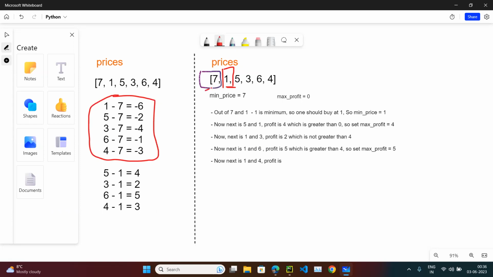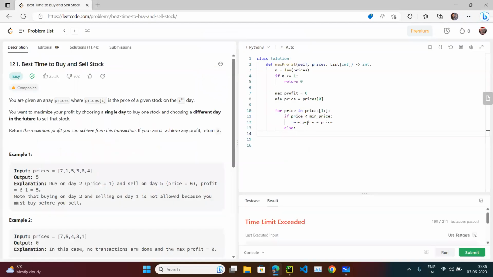So I assume the minimum price is this; as soon as I find another element, the minimum price should be this. If the minimum price is this, why should I check all the elements against 7? There is no need. I will check with the 1, because that is the minimum price.